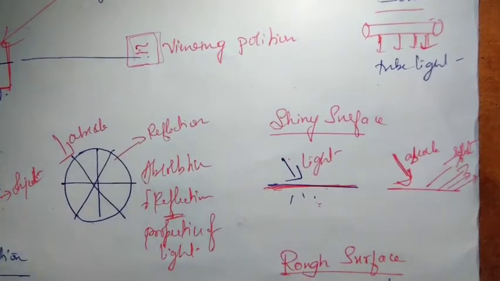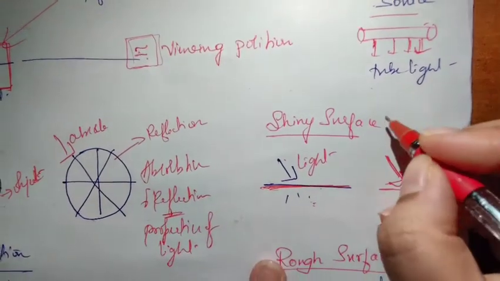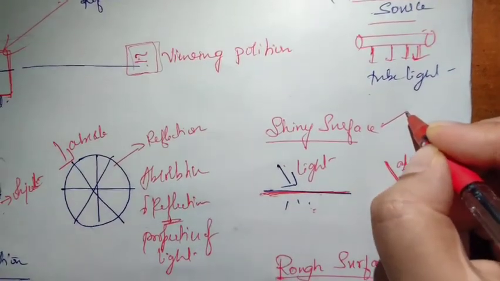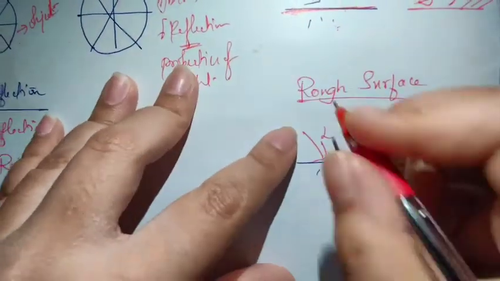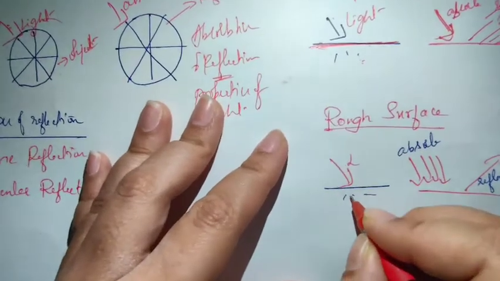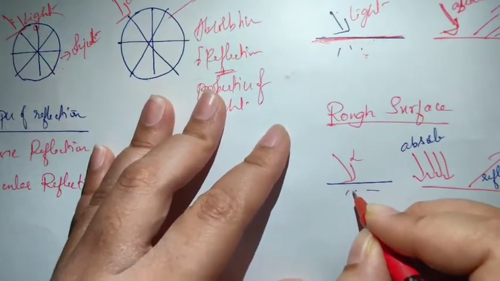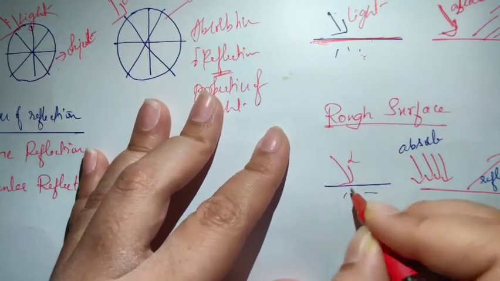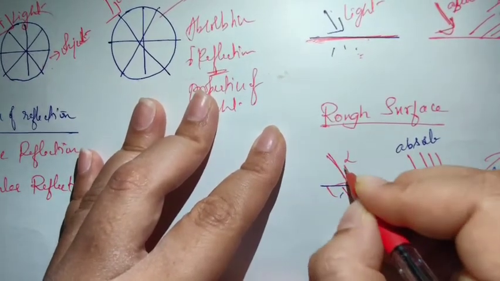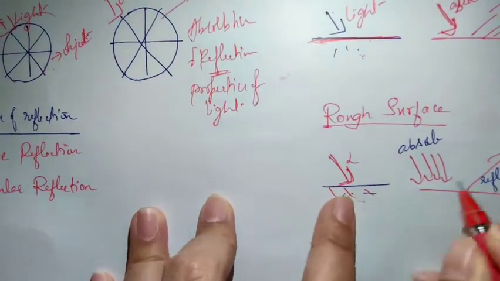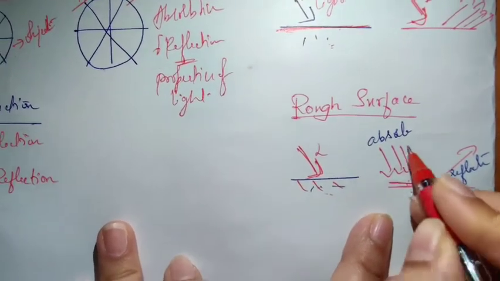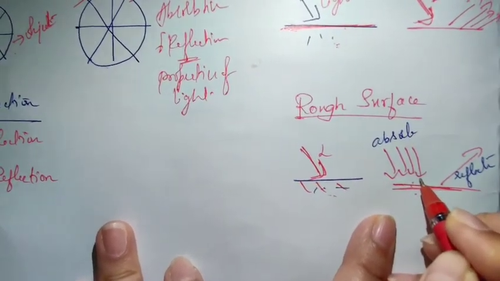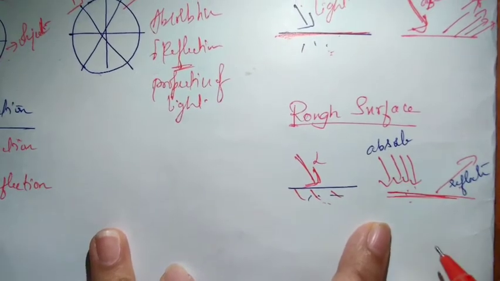Whereas if you consider a rough surface, or grainy surface, when light falls on it, the surface absorbs a huge amount of light and reflects a small amount of light.